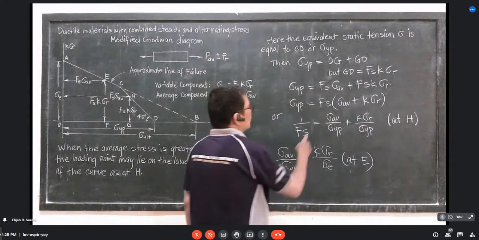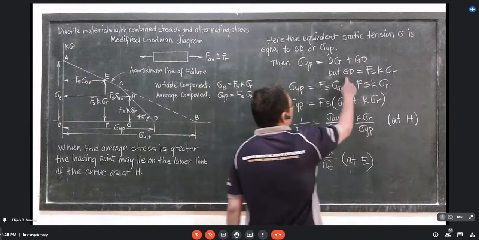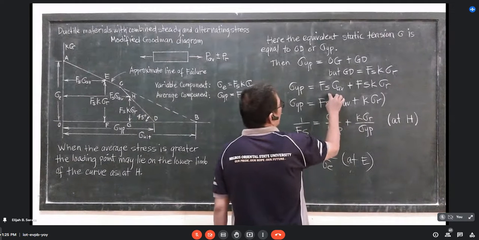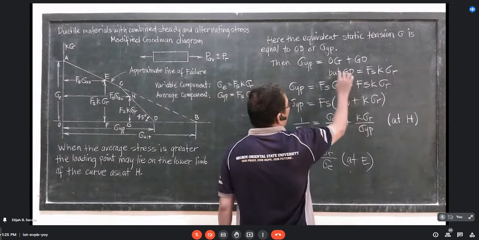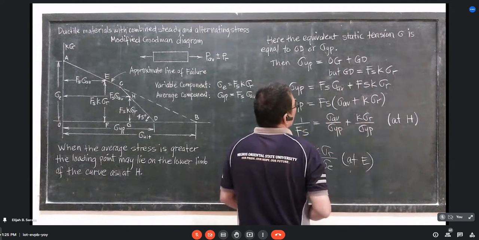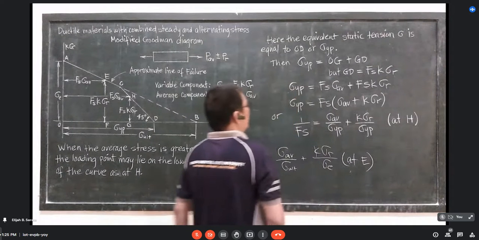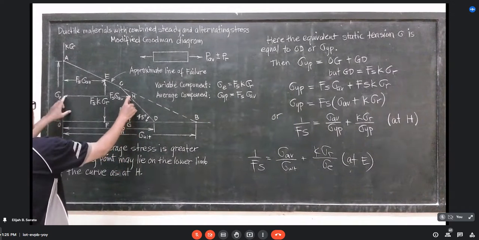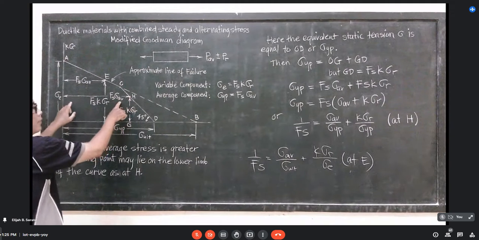So, if we substitute this here, we will have the yield point, OG by the way, OG is this one, factor of safety times average stress.